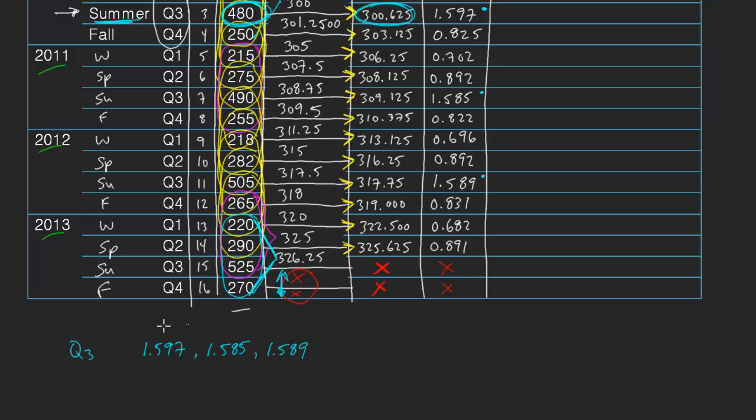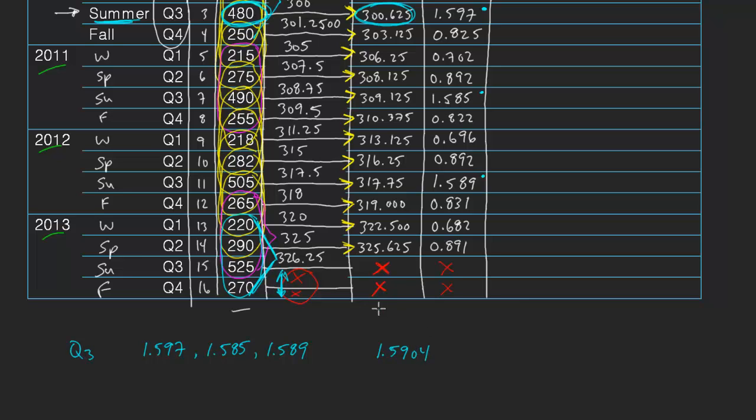So we're going to take the average of these 3. When you take the average of those 3, you get 1.5904.